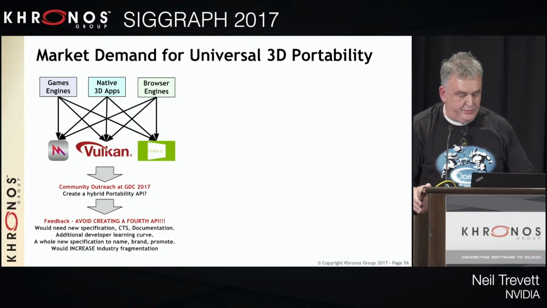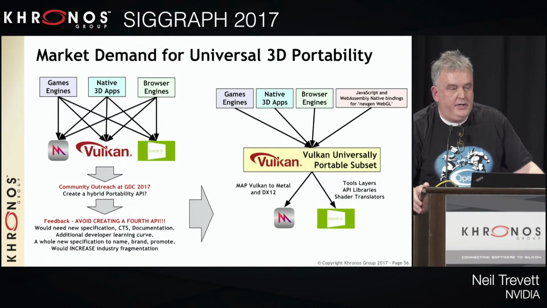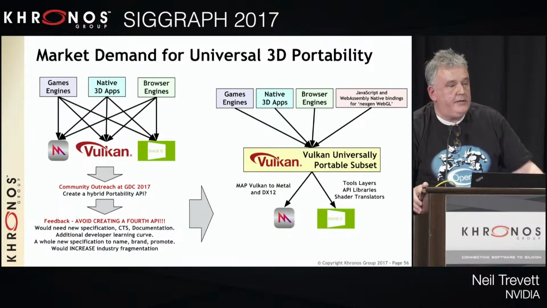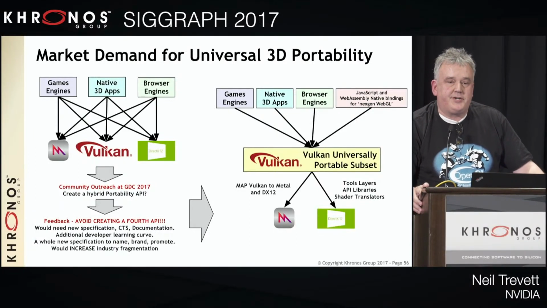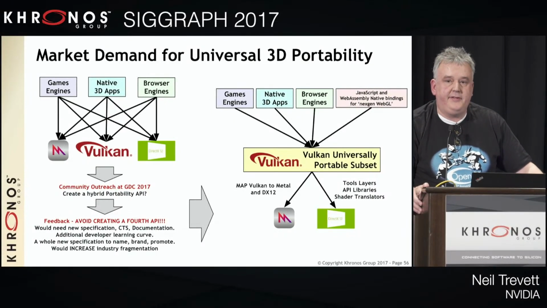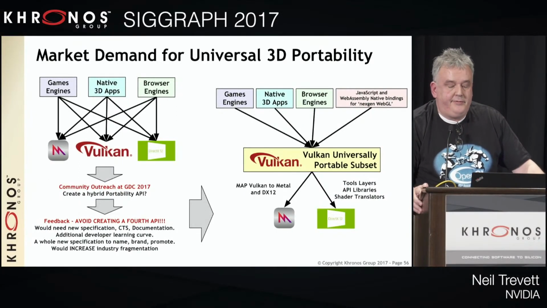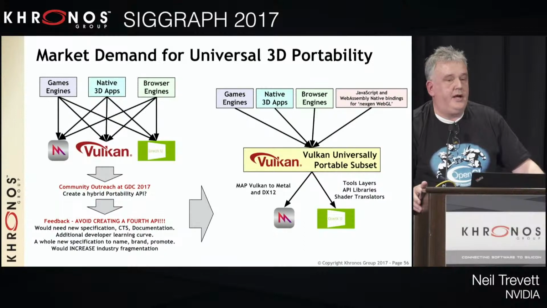So we went back to the drawing board, and we came up with a plan B, which is not to create a new API, but to simply list the functions in Vulkan that won't map to the other APIs. Create a portability subset of Vulkan that native games and potentially, at some point, the next generation of WebGL can use. This would be a universally portable API.